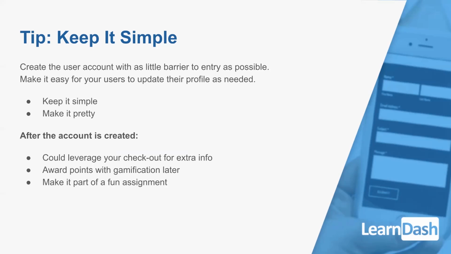What you can do later on to leverage a smaller sign up is use something like gamification, or use filling out their profile as part of the course credit, and you can award them more points or more course credit by having them fill out their profile after they've registered. So get them in the door and then fill out the rest of it.